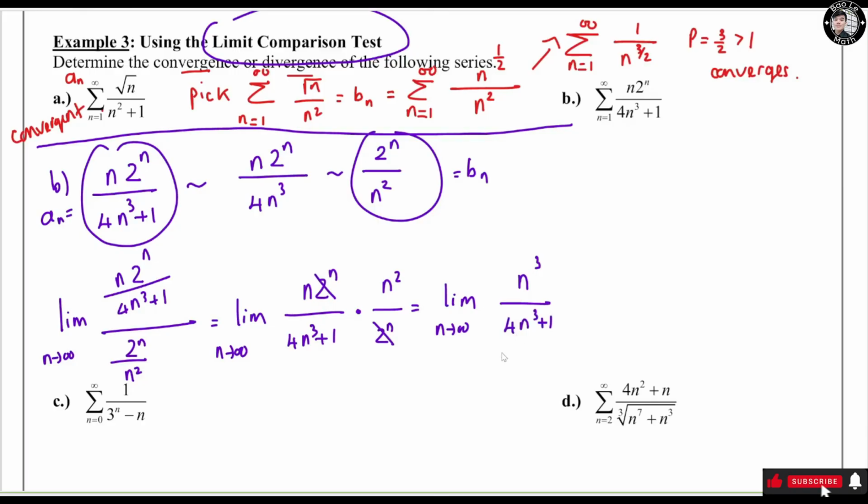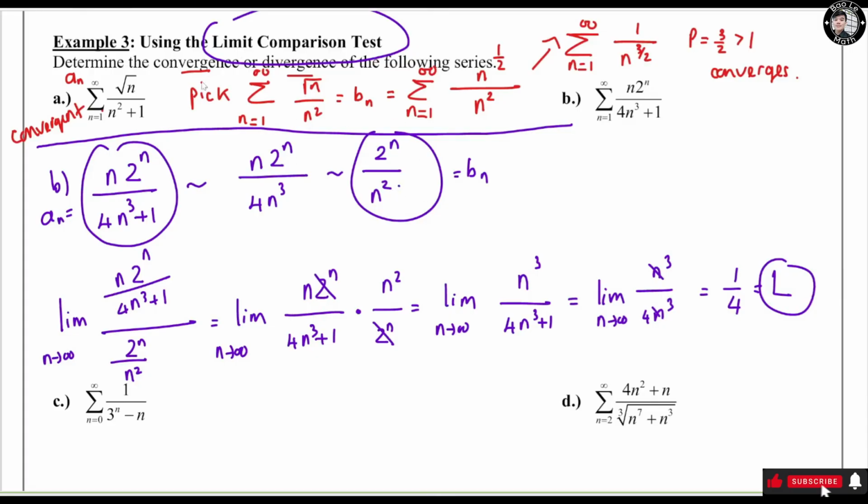We're going to use the relative growth rate. So the 1 right here doesn't matter at all. So it could be the limit of n cubed over 4n cubed when n approaches infinity. This equals 1 over 4 because this cancels out, and this is a positive and finite number. So by the limit comparison test, both series either converge or diverge.